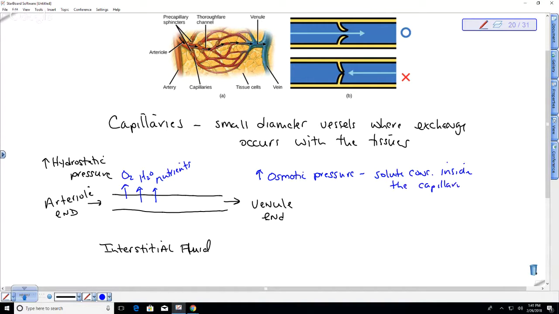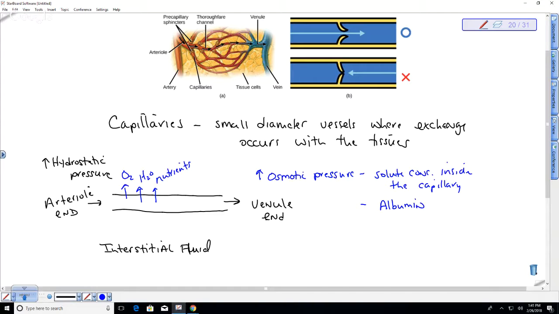And if you remember what I was talking about blood, there was a particular protein that is found in the blood that helps maintain this osmotic pressure because it does not leave the capillaries. It's always in the capillaries. It's the most abundant protein you have in your blood. And it is also found in the whites of eggs. Does anybody remember what that protein was called? Albumin. Okay. So we have albumin.